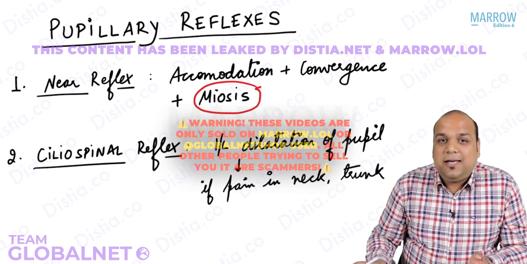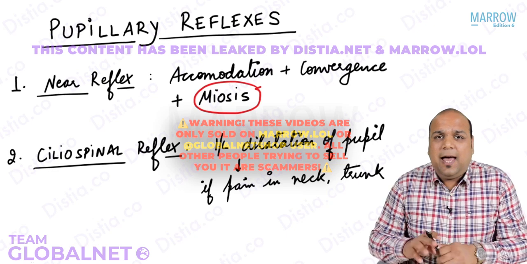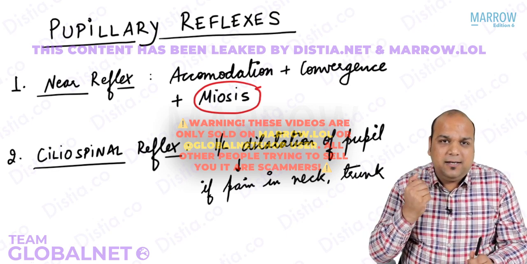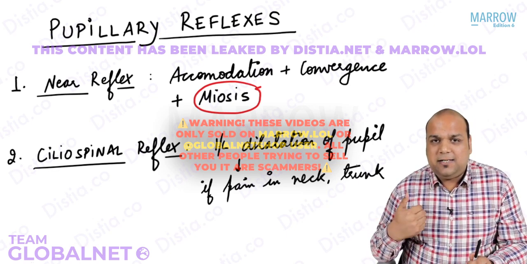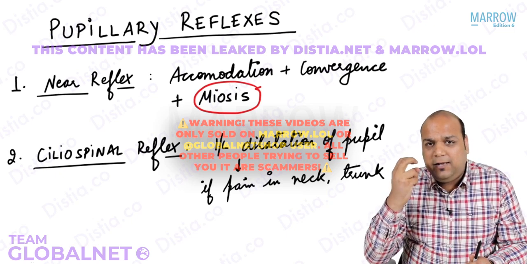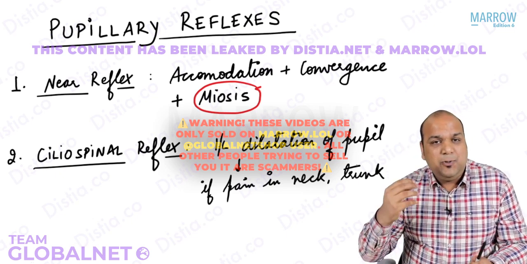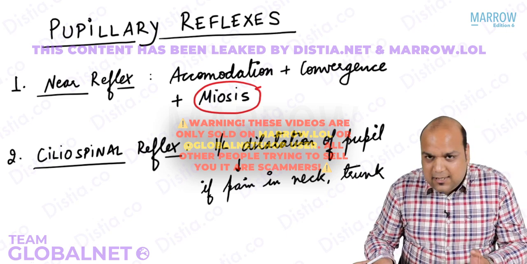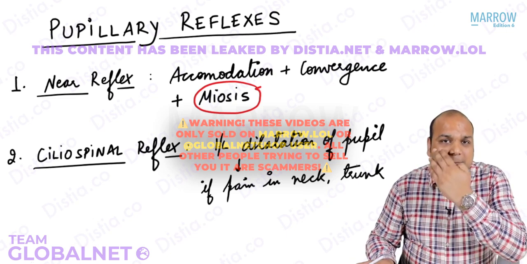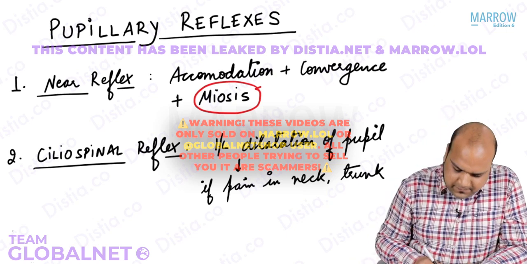What do I mean to say? As a response to me pinching my neck here, pain is generated, everybody, and my ipsilateral pupil will dilate. That is the ciliospinal reflex. So as a response to the pain in the neck or trunk, my pupil will dilate.